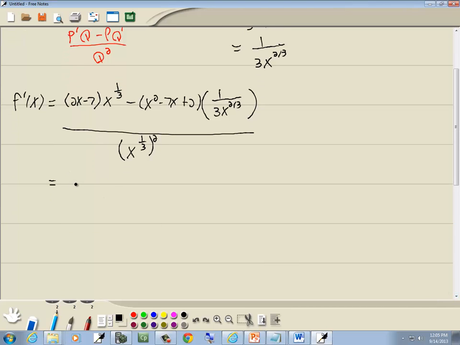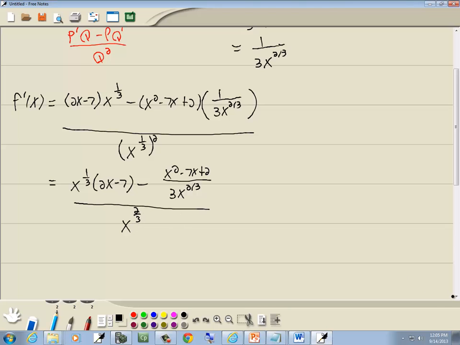Let me do a little bit of rewriting. We got x to the 1/3 times 2x minus 7 minus, and then I'll put the x squared minus 7x plus 2 up on top of that fraction, 3x to the 2/3. When you raise one exponent to another exponent, you multiply the exponents, so that becomes x to the 2/3.